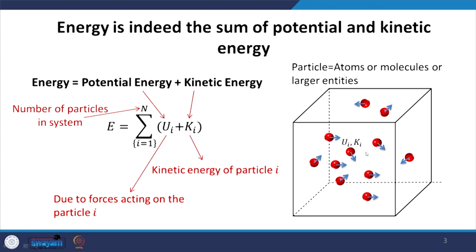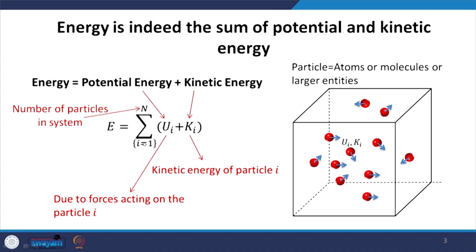The particle i may have a potential energy Ui by virtue of the forces acting on it, and it can have a kinetic energy Ki by virtue of the motion of that particular particle. So, the energy of the system would then be the sum of the potential and kinetic energy for all the particles in the system.